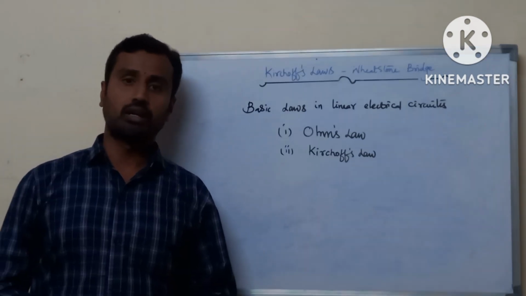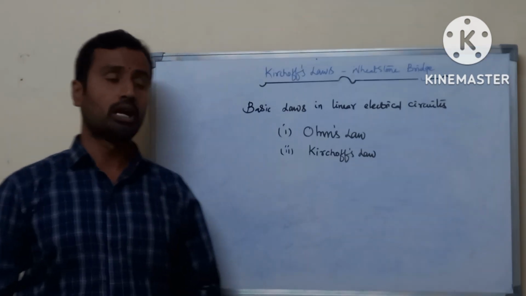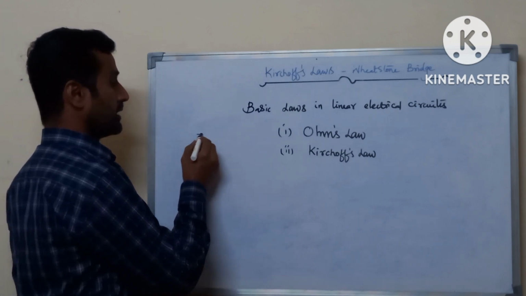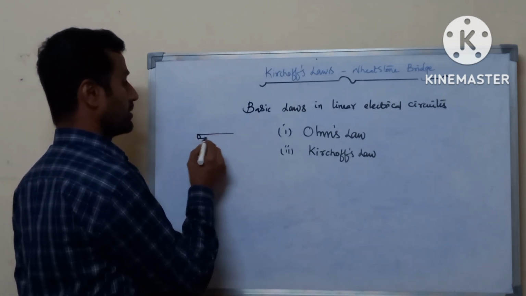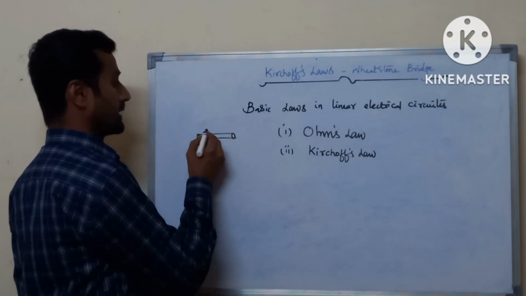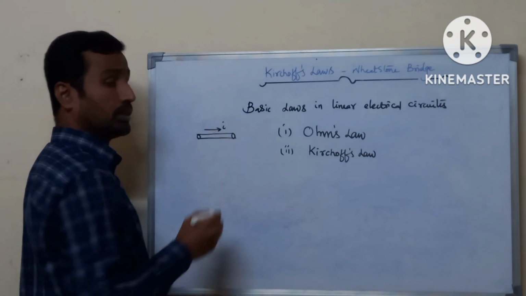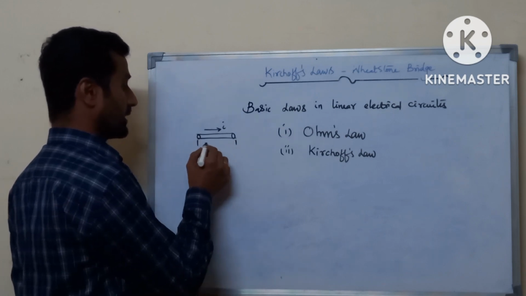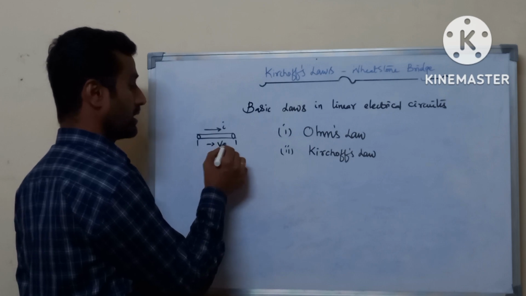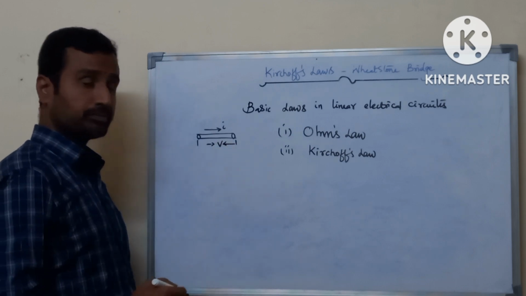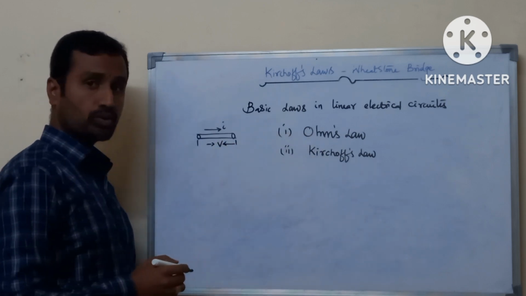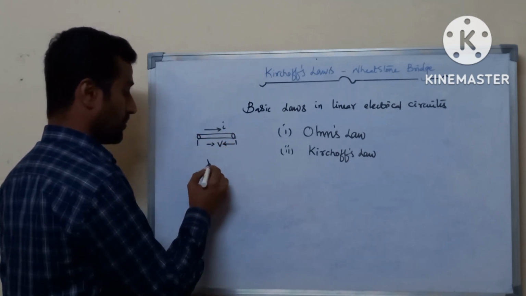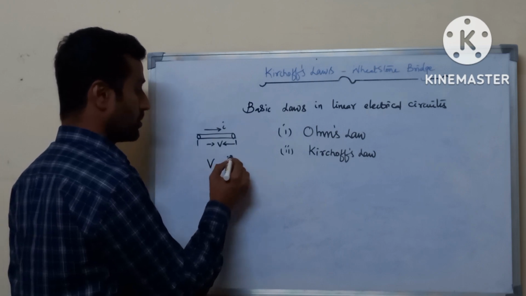Let us recall what Ohm's law is. Ohm's law states that when there is a current passing through a conductor and the potential difference between the two ends of the conductor is V, then Ohm's law gives the relation between the current and potential, which is nothing but V is equal to IR.